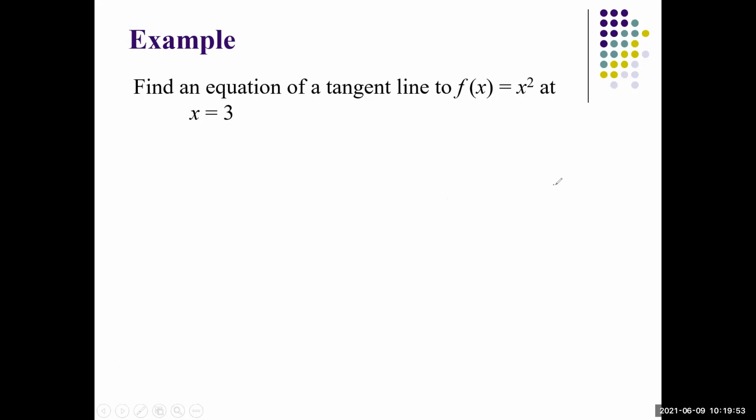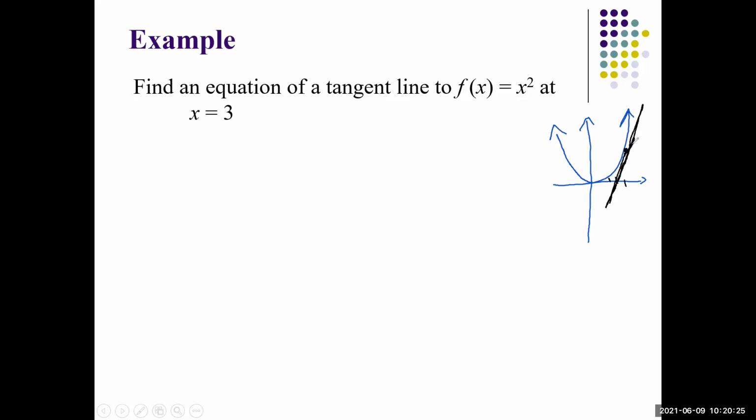From the graph point of view, this is the x-axis and this is the y-axis, and you have the parabola like this. We are looking at x equals 3, so 1, 2, 3. So say it's here. Then we want to find the slope of the tangent line to the curve at this point.